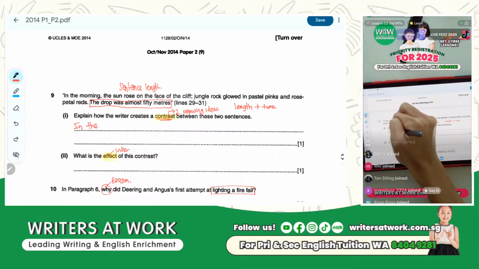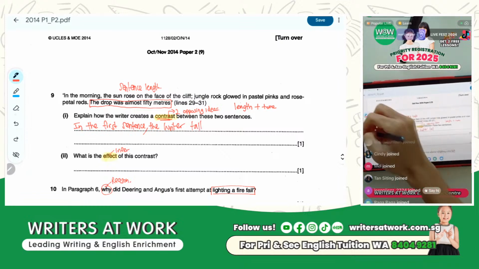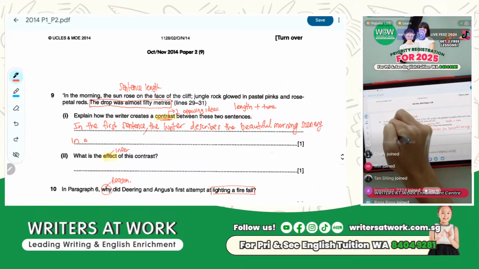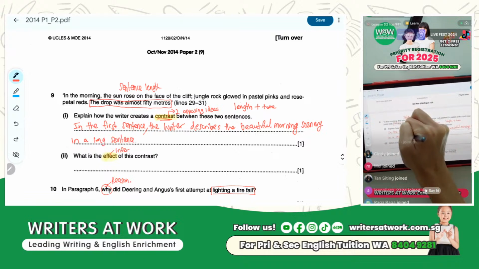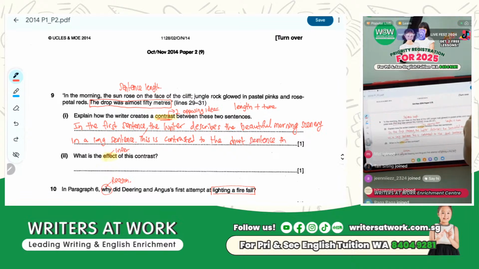So you will say in the first sentence, the writer describes the beautiful morning scenery in a long sentence. And this is contrasted to the short sentence that presents the fact of a dangerous situation.